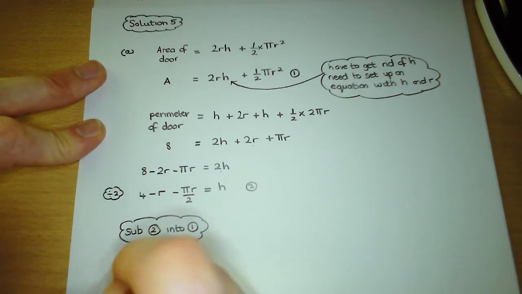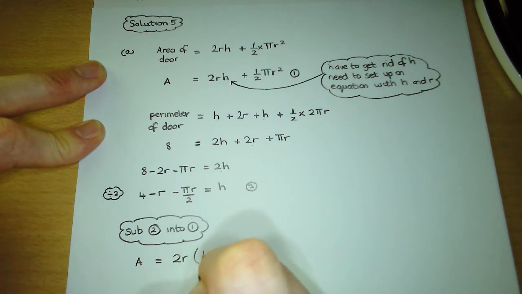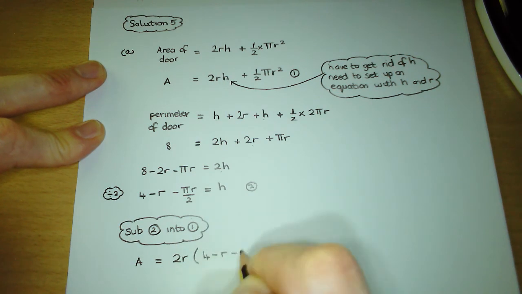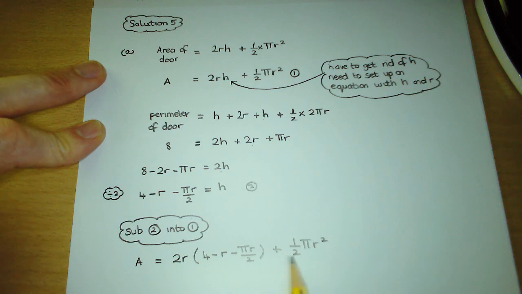We get A equals 2r, and then in brackets 4 minus r minus pi r over 2, and then we're adding on a half pi r squared. It's looking better already because you see now we don't have any h in it.